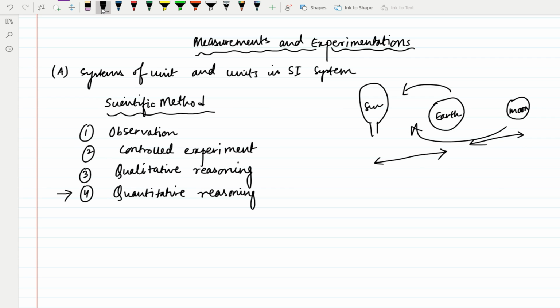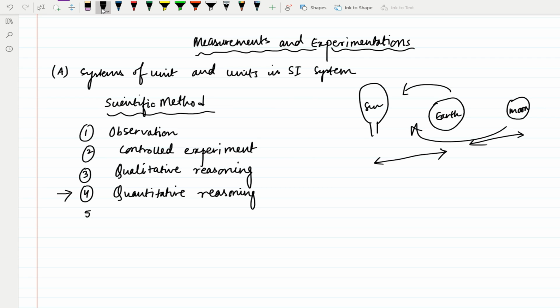You'll be noting down these details, like increasing the distance by this much had this effect, decreasing the distance by this much had this effect. This number based reasoning which you're doing is called quantitative reasoning. Since this involves numbers, and that is our topic of discussion, measurements, we'll be going into this in a little depth later on.